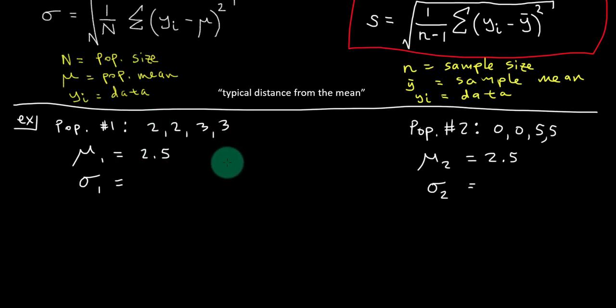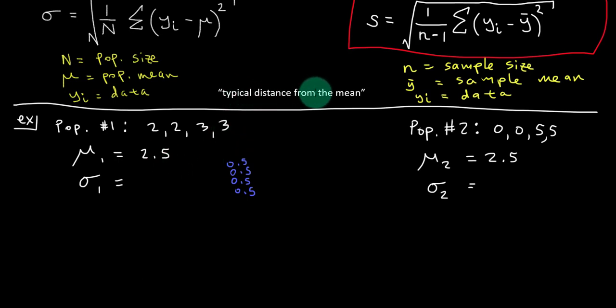Isn't it 0.5 away, right? And how far away is 2 from its mean? Again, 0.5. And how far away is 3 from the mean? 0.5. Each value in this population is 0.5 away from its mean.